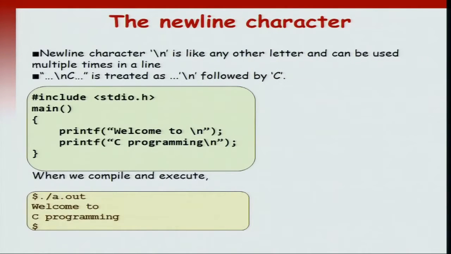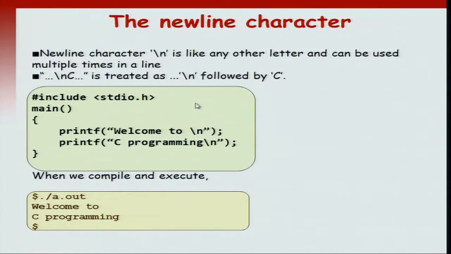The new line character \n is like any other letter and can be used multiple times in any particular line. Okay. For example, if you have something to print followed by \n followed by C followed by something to print. Now, this will be treated as so many characters and then a new line followed by C. Okay.